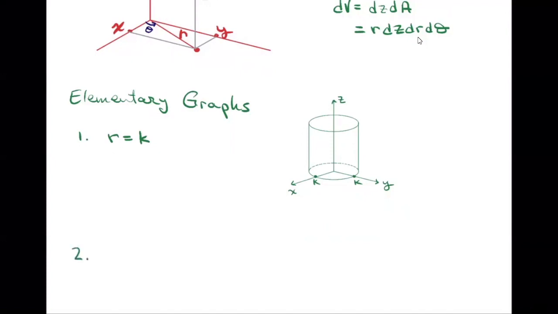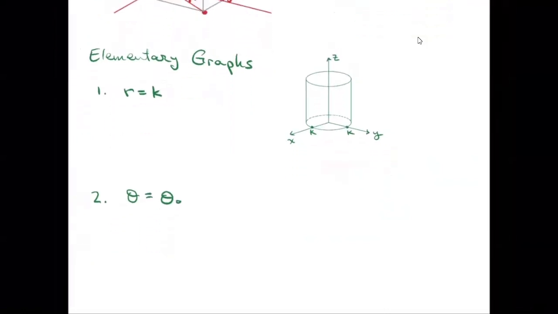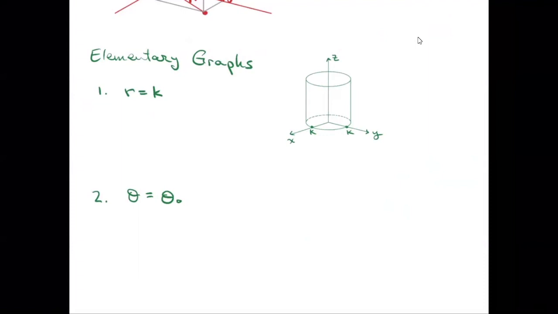Secondly, if theta is a constant, I'll say theta equals theta naught. Well, we just have to think about all the points that have the same theta angle. So maybe I would extend sort of a ray coming out like this.